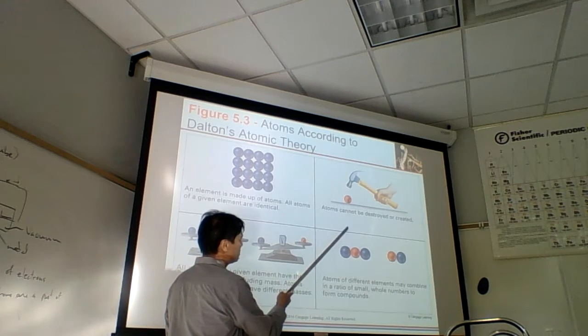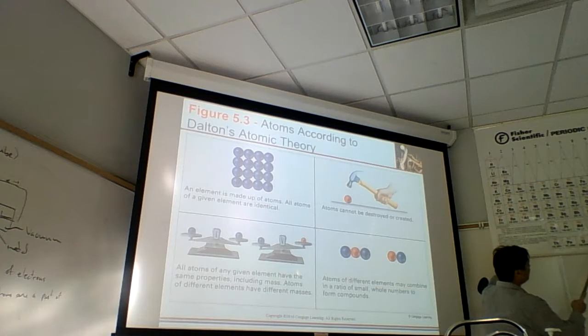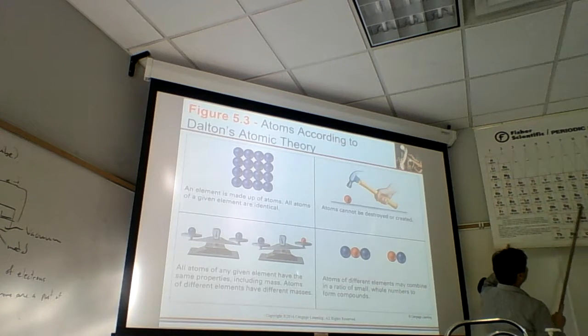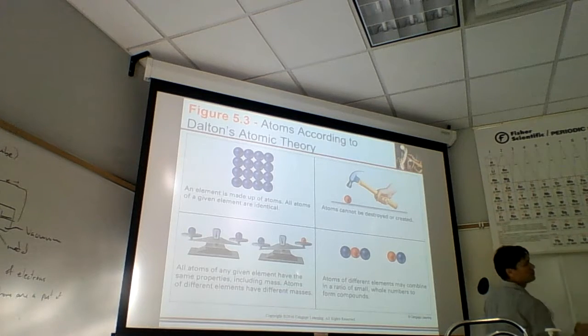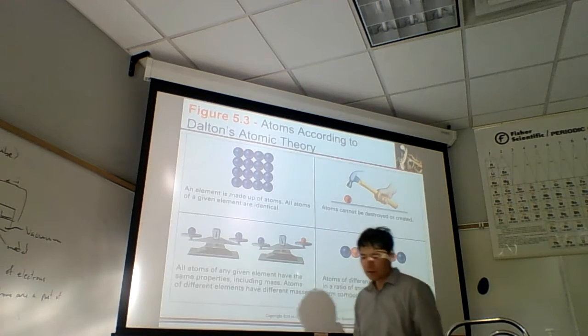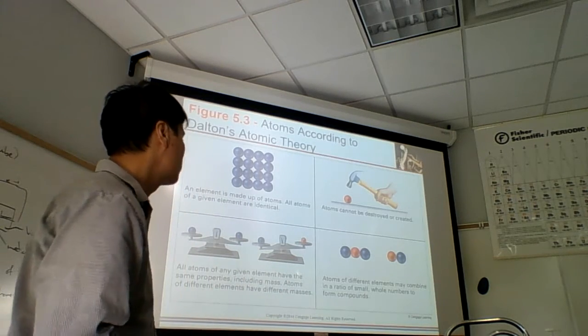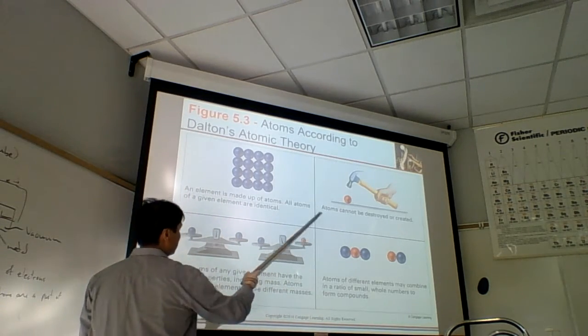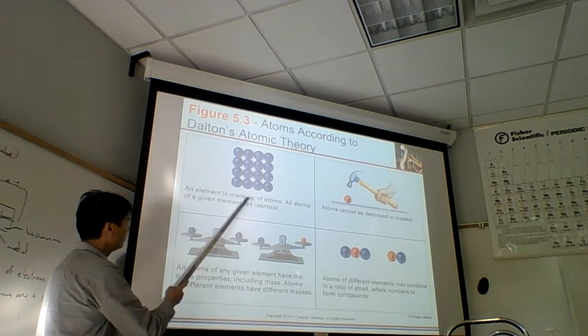However, for nuclear chemists, it can happen. All these elements here were man-made, called the transuranium elements. So elements have been created, bigger atoms from smaller atoms and vice versa. But this is okay for chemists.